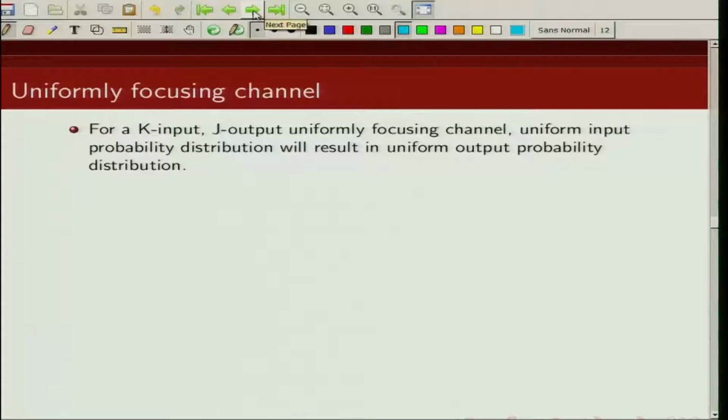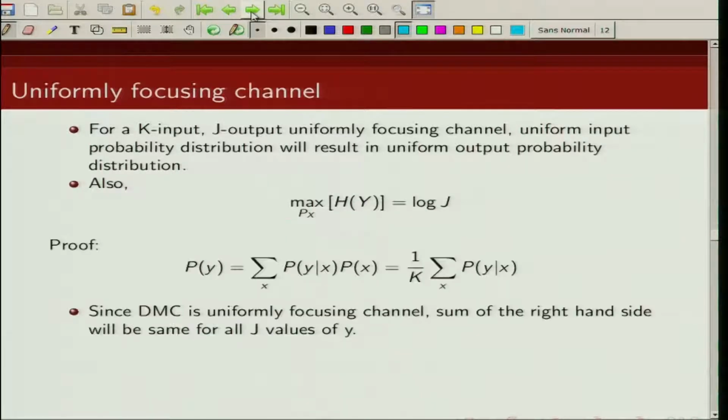Now, what can we say about a uniformly focusing channel? For a k input j output uniformly focusing channel, a uniform input probability distribution will result in a uniform output distribution. Let's prove this. Also, the maximum value of H(Y) is given by log j, where j is the number of possible output values. So p(y) can be written in this particular way.